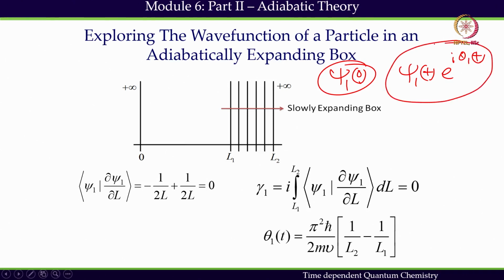So this is the final wave function after the expansion, and theta 1 t is given by this expression. When we see this geometric phase to be 0, we can remember that any time the wave function is real, then the geometric phase after the adiabatic expansion is going to be 0. That's another consequence of the adiabatic theorem, which we can prove actually, but will not do it immediately.